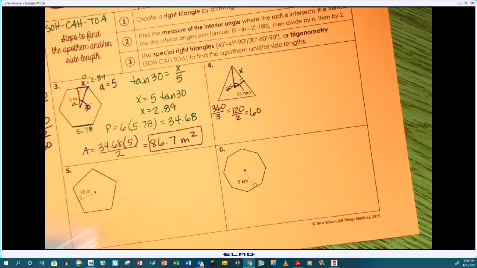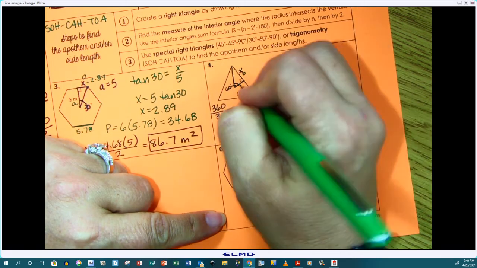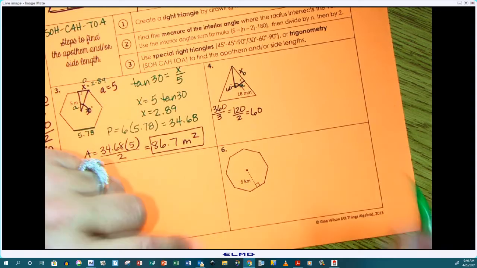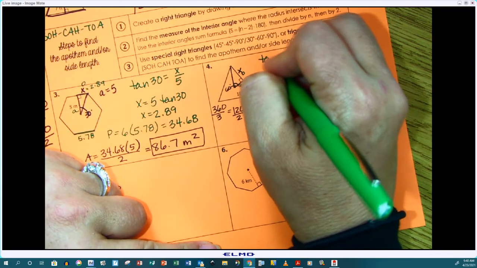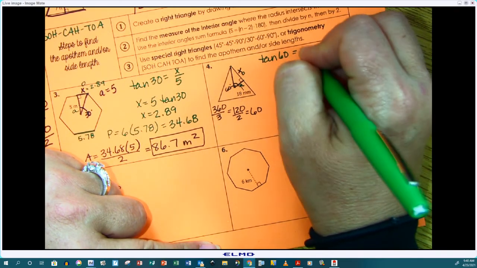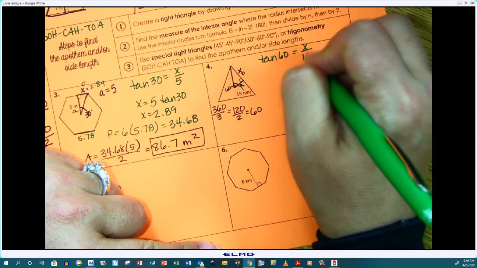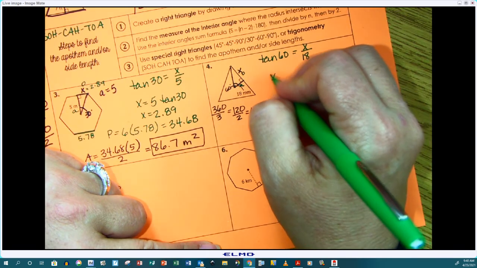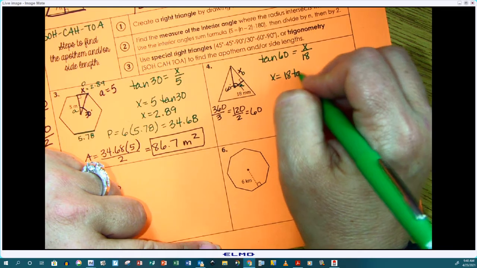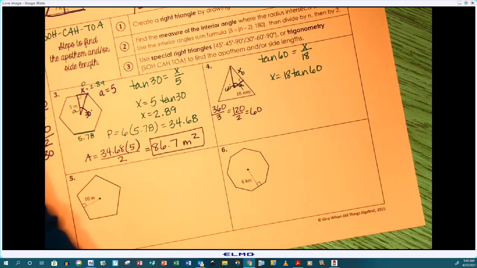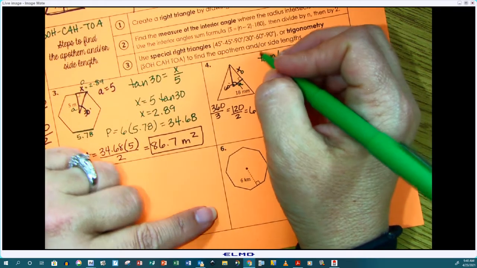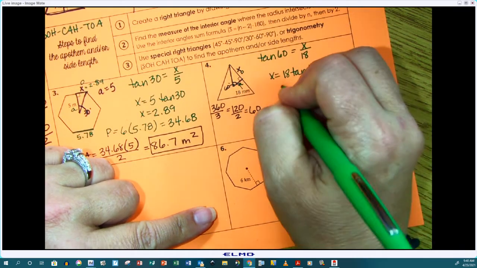Now, this side is opposite, and my apothem is adjacent. So again, I'm going to do tangent of 60 is opposite over adjacent. X is 18 tangent 60, which is 31.18.